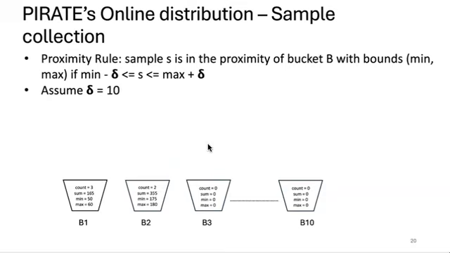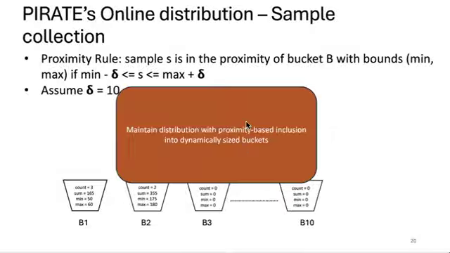The sample collection happens over an epoch of time. Once that epoch of time completes, we have to find the latency observed during that time interval. So in the first phase, the sample collection phase, we maintain the distribution with proximity based inclusion into dynamically sized buckets.